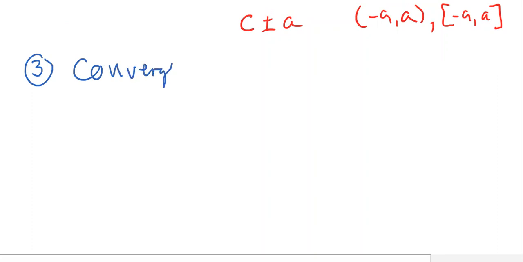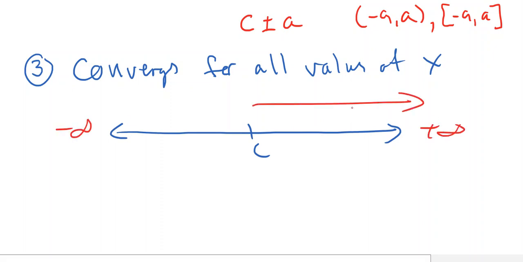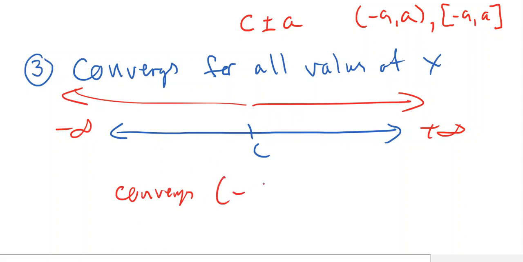Converges for all values of x. So on a number line, once again, we have C, but it converges all the way out to positive infinity and all the way out to negative infinity in both directions, everywhere. So we would say that it converges from negative infinity to positive infinity everywhere.